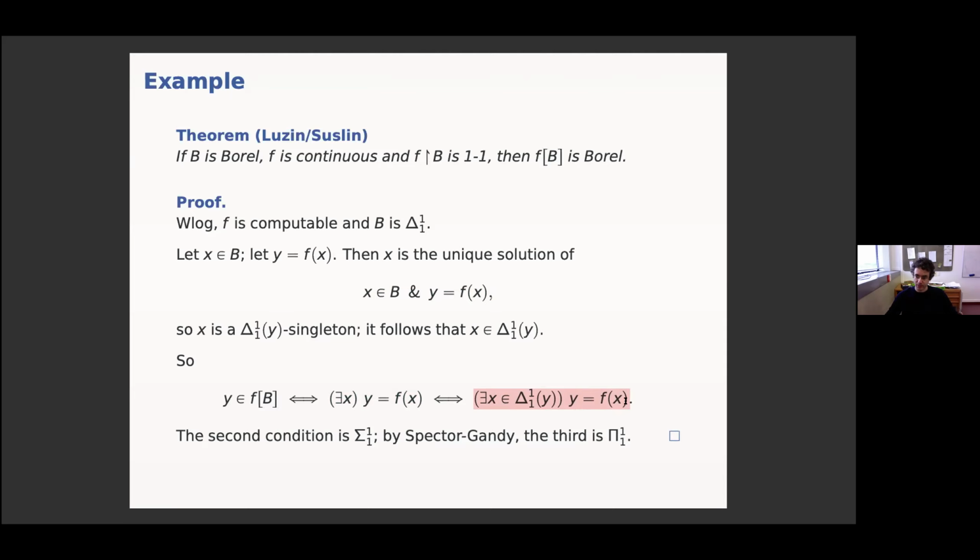And Kleene proved the effective version of the Suslin theorem that says that hyperarithmetic is Borel, that is, lightface delta 1-1, equivalently analytic and co-analytic, is Borel.